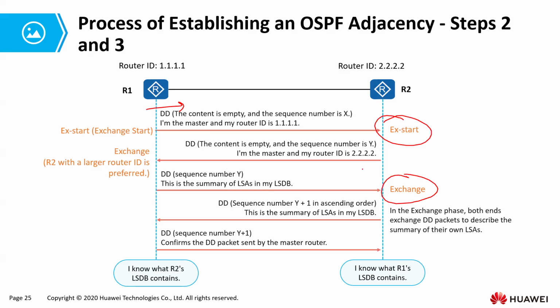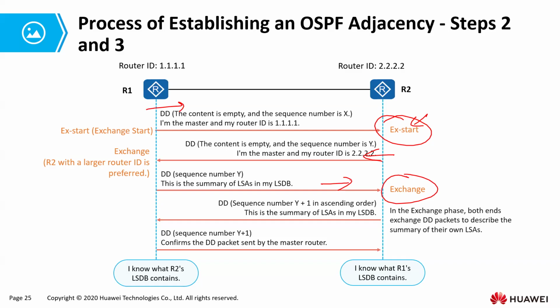Am I putting this in order? The exchange from R1 going to R2, that's the start of our exchange. Then for this one, that's another exchange. This is another exchange. We are exchanging my databases. My databases will get compared.